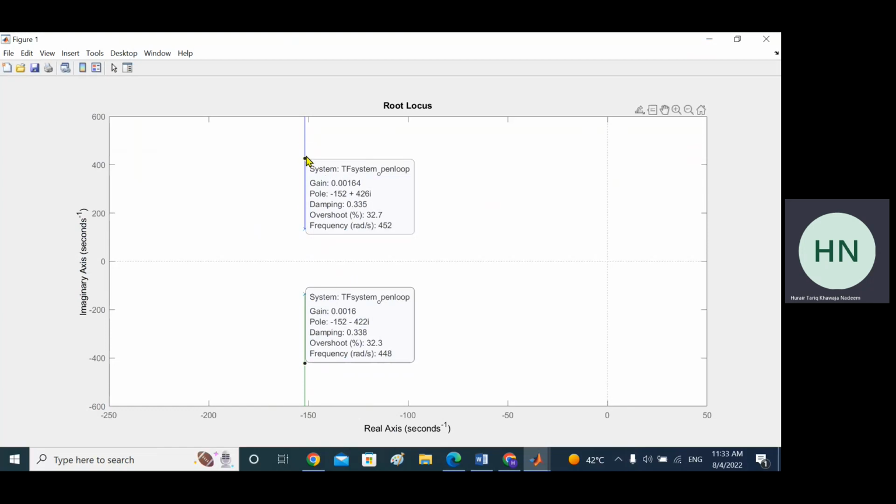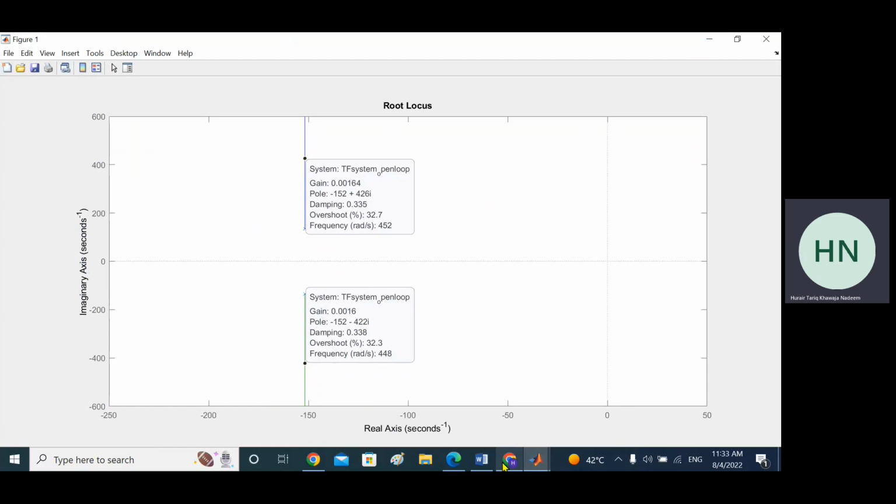So remember, for a particular gain, both the roots are going to move outward like this. You are actually having two roots, and this is going to be the damping, and this is going to be the overshoot for this value of gain.